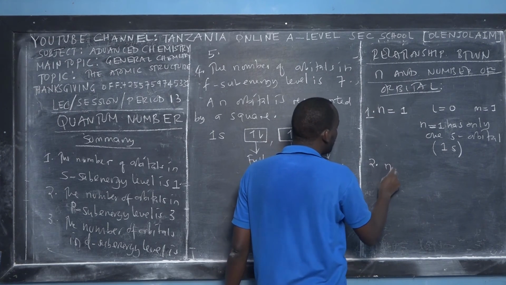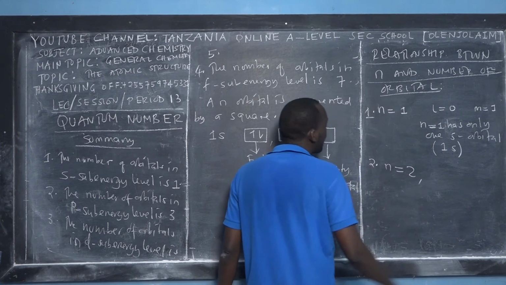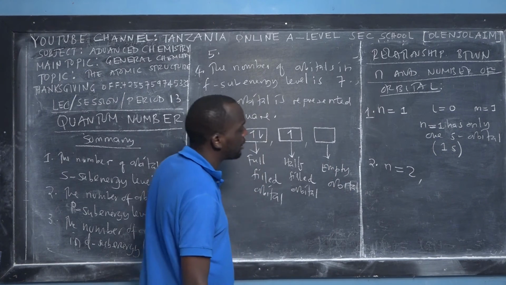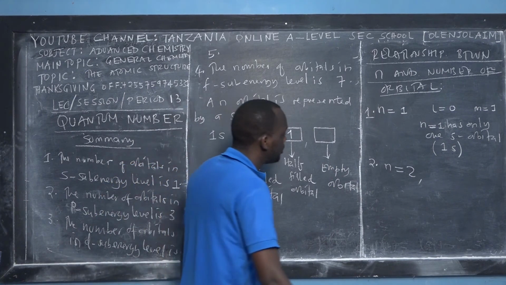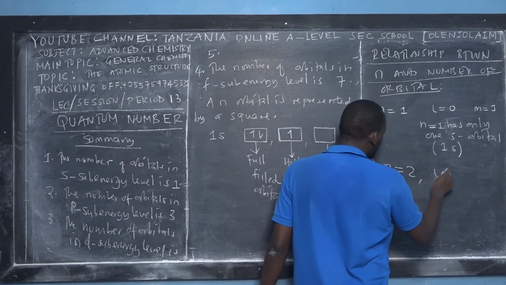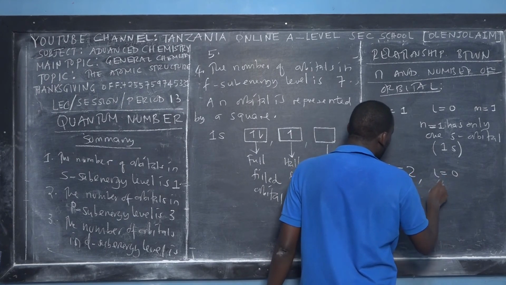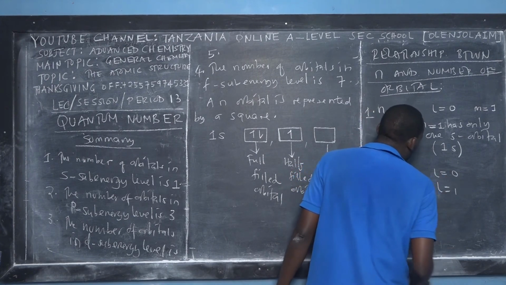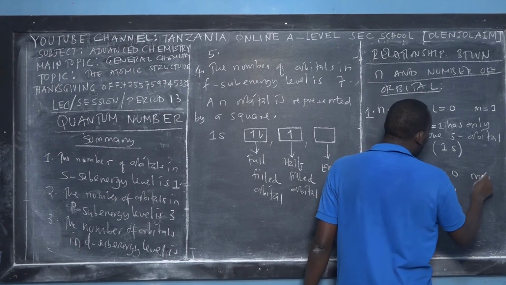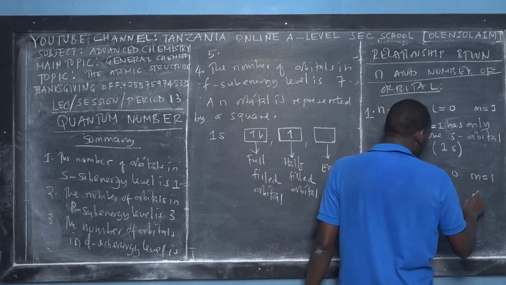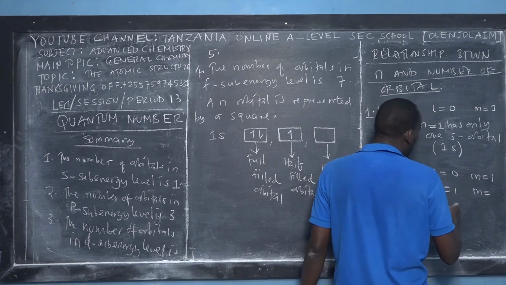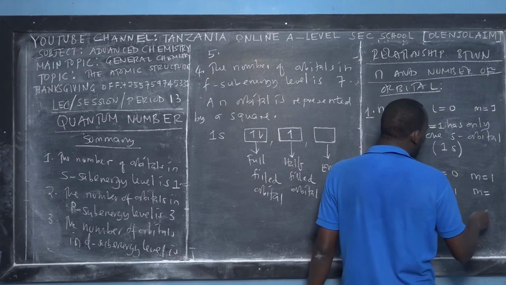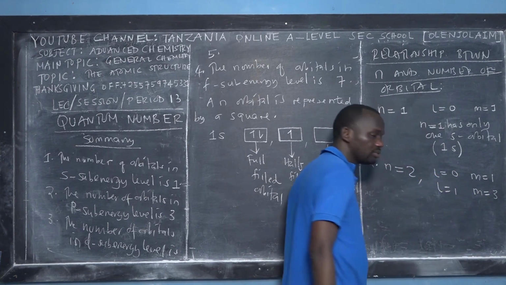The second relationship, we go for the second principal quantum number, n is equal to 2. The subsidiary quantum number for this case, the first one will be 0, the second one will be 1. When l is equal to 0, the magnetic quantum number for this case is 1, and when l is equal to 1, the magnetic quantum number will be 2 times 1 plus 1, which is equal to 3.